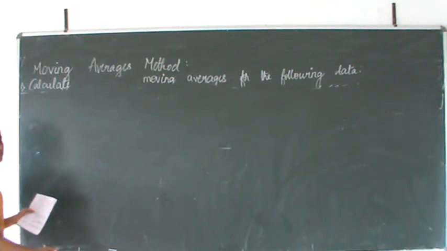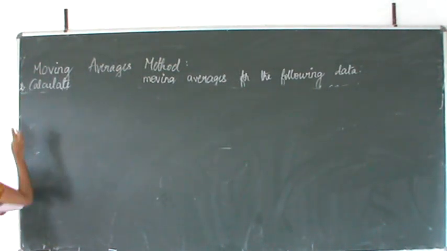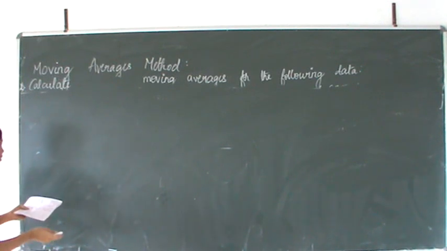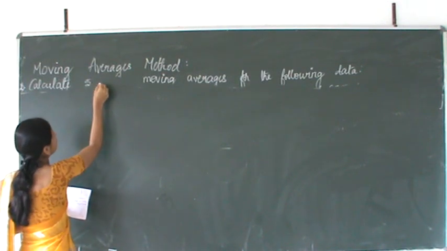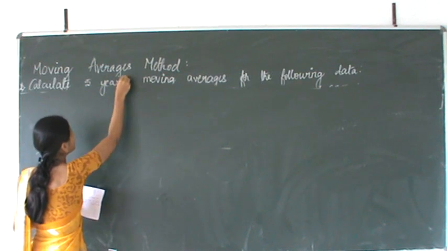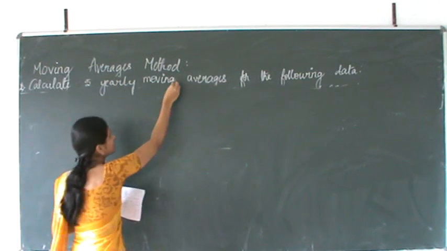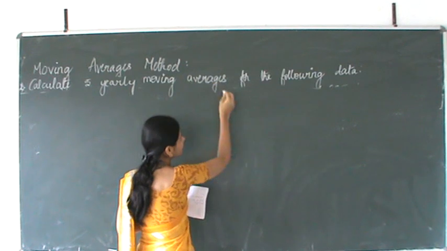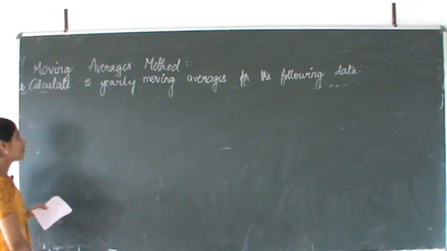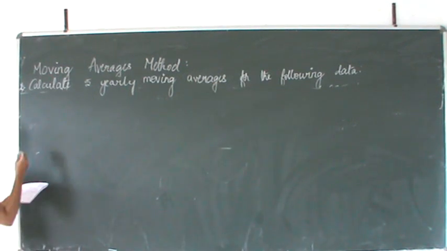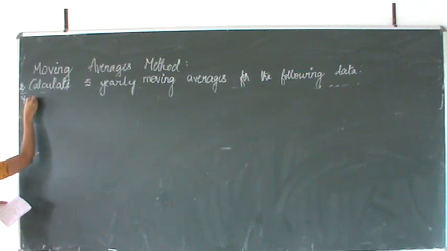So the second question is: calculate 5 yearly moving averages for the following data. The information given is year and value.